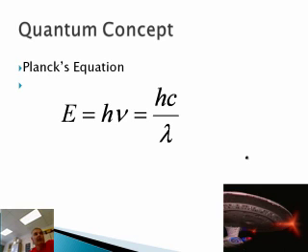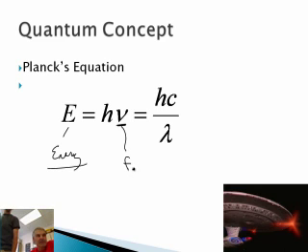Here are the key equations, and there's a bunch of weird symbols here. E stands for energy. And this funny-looking V, I wish they'd called it an F, but that's frequency. It's actually the Greek letter nu.